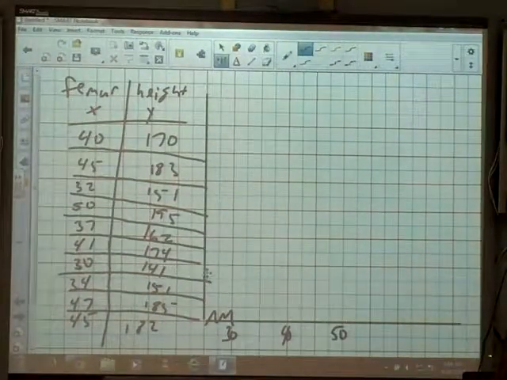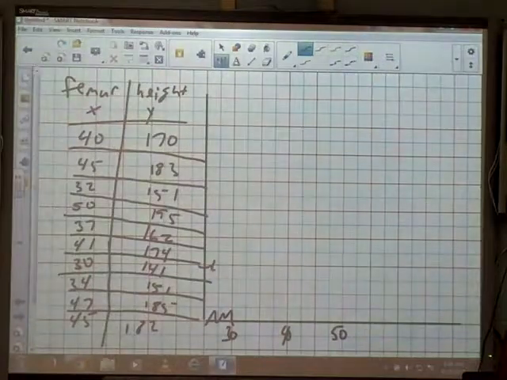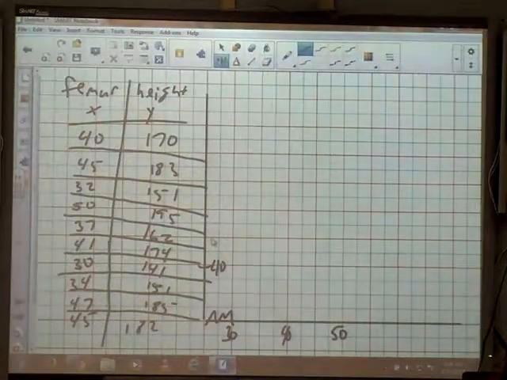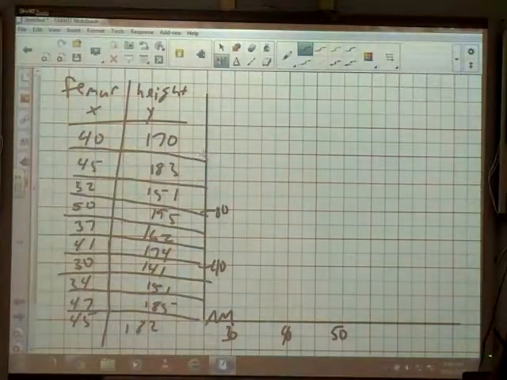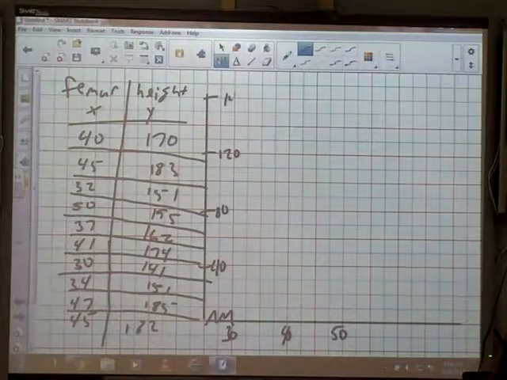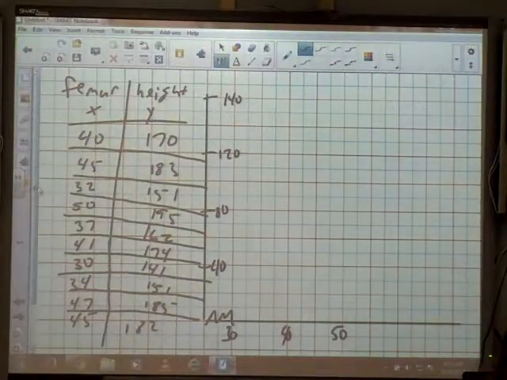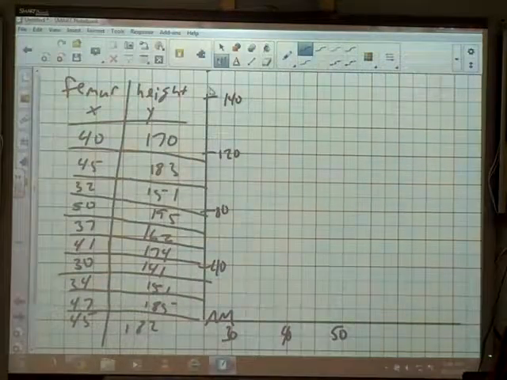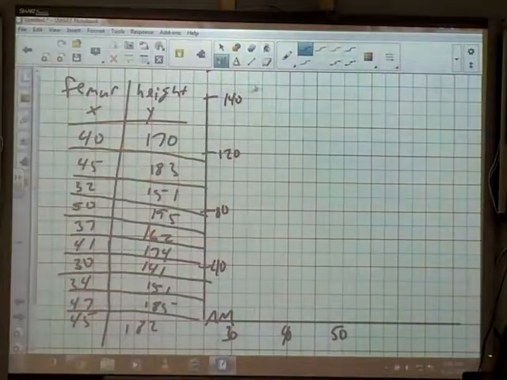This is 20. There, I'm going to put it on the inside. 40, 60, 80, 120. I didn't make it high enough. 140, so that next one will be 160, so I need to scoot all mine down.